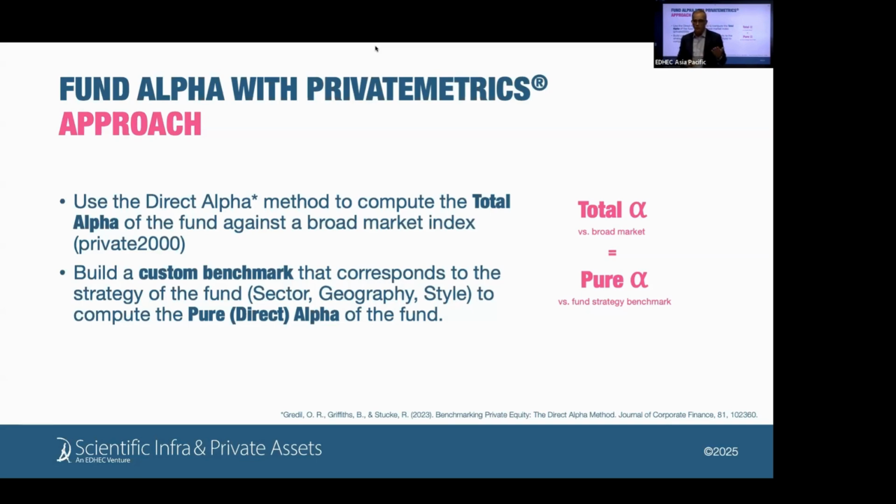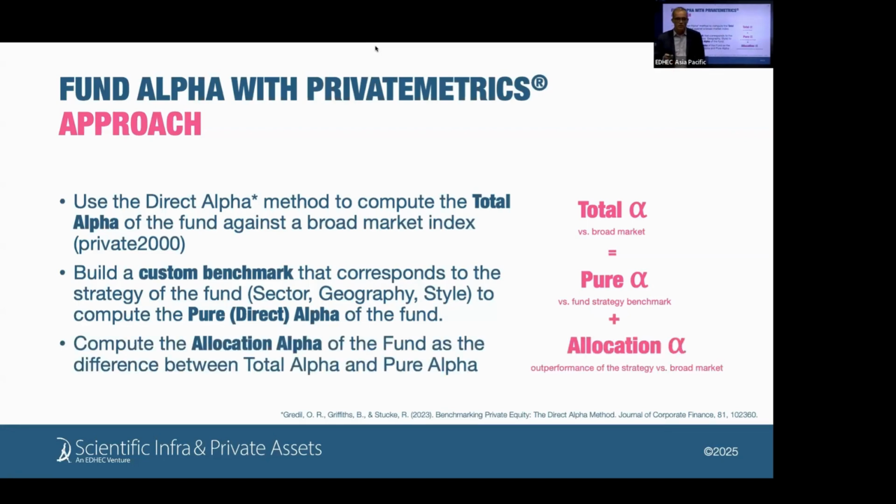And so whatever performance the fund delivers above that is really the pure alpha, the pure skills, in fact, of the managers. And of course, the delta between the outperformance against the broad market and against the benchmark of the fund strategy is what we call allocation alpha. It's simply the difference of performance in the end between the strategy and the total market, right?